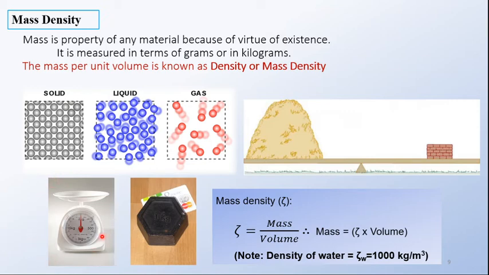So this is a balance which measures mass. When you place an object on top of it, this measures how much is the mass indirectly.